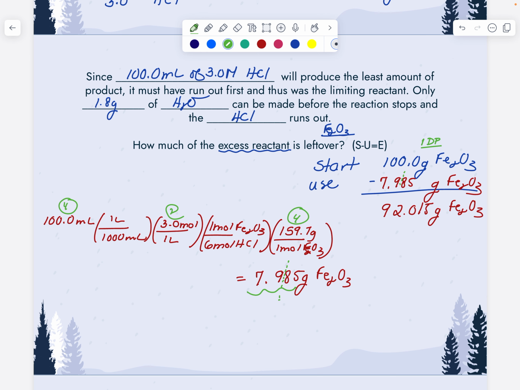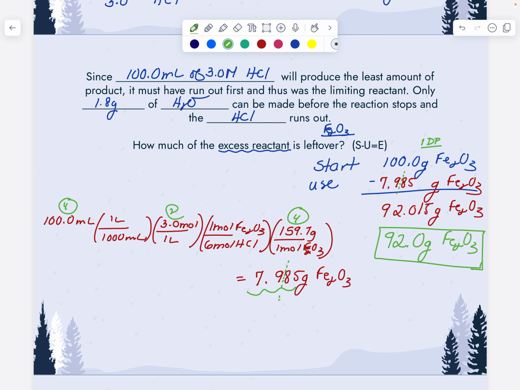So if I have 1 decimal place and 1 decimal place, I'm going to round this to 1 decimal place. So 92.0 grams of Fe2O3 is how much is left over.